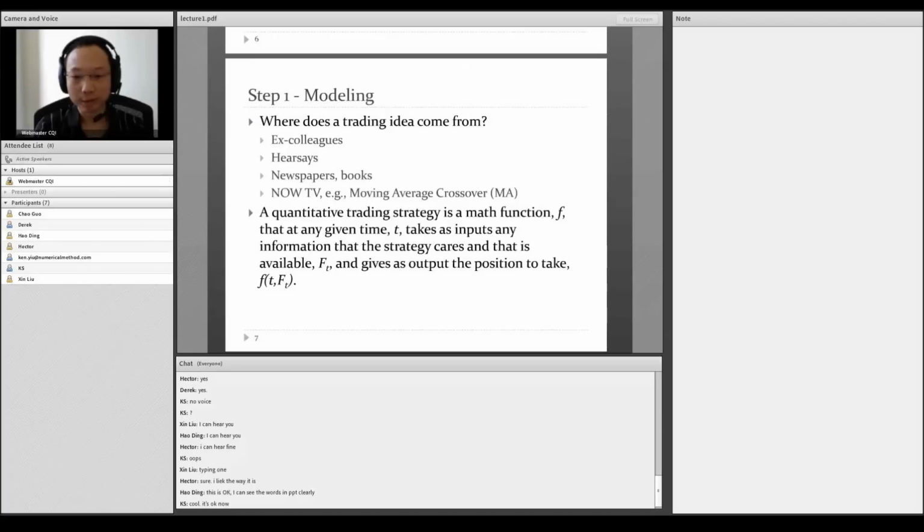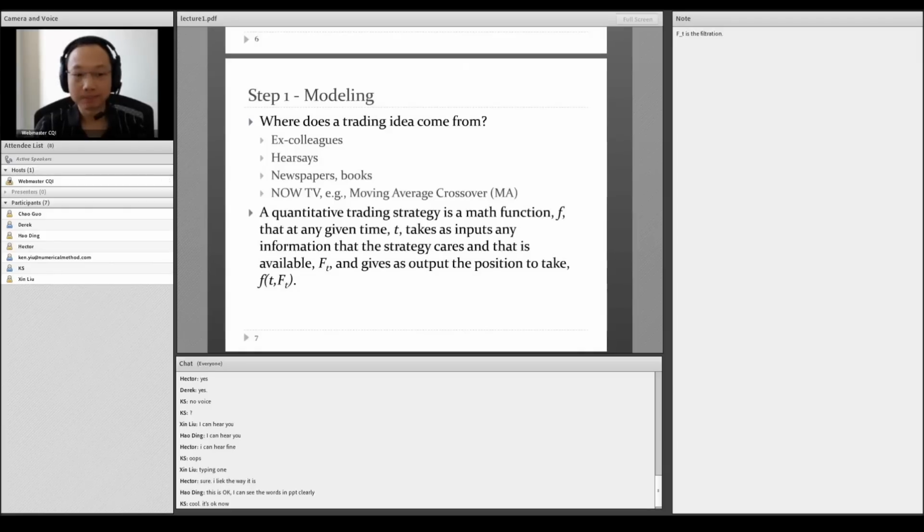I have the symbol F_t here. This is a symbol from statistics. It stands for the filtration. So F_t is the filtration. This is a mathematical symbol that stands for all the information available up to time t.